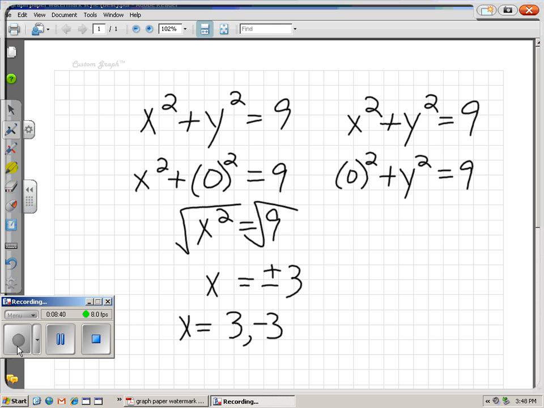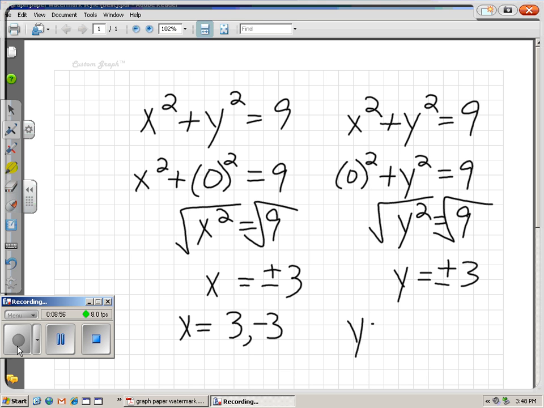I have two x-intercepts. Over here, 0 squared is 0, plus y squared equals 9. I square root. Remember, anytime you take a square root, you have a positive and a negative answer. So on the y-intercept as well, I have a y-intercept of positive 3 and a y-intercept of negative 3.